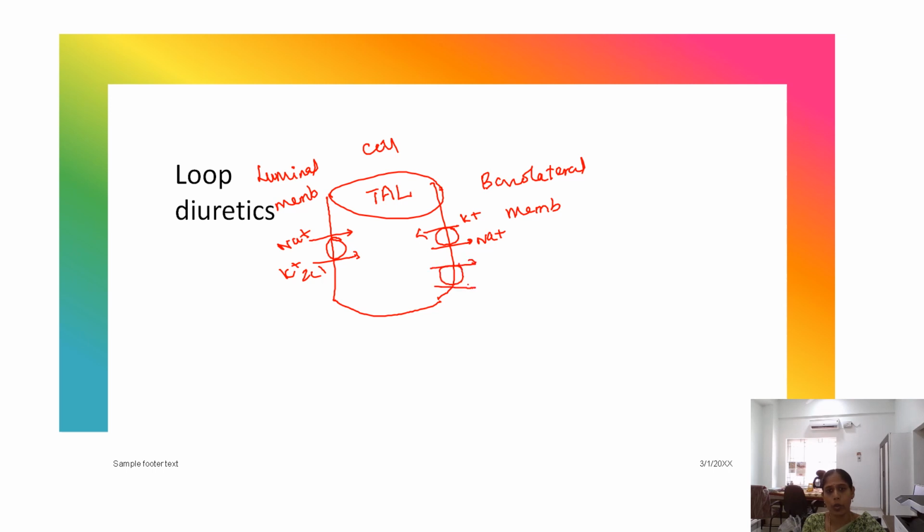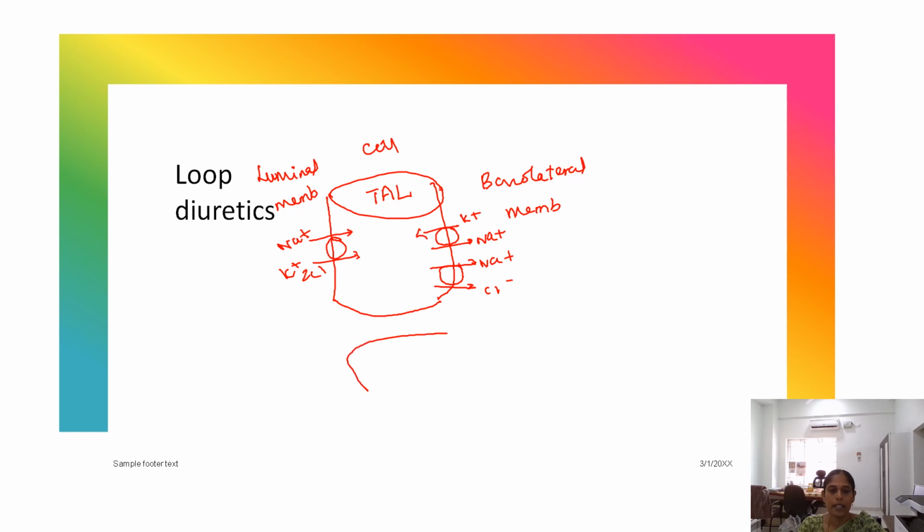another transporter will transport sodium and chloride across the basolateral membrane. So more sodium will be reabsorbed here. To maintain the proper ionic balance, potassium will enter more into the cell.